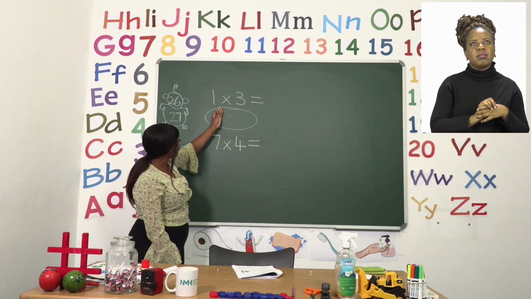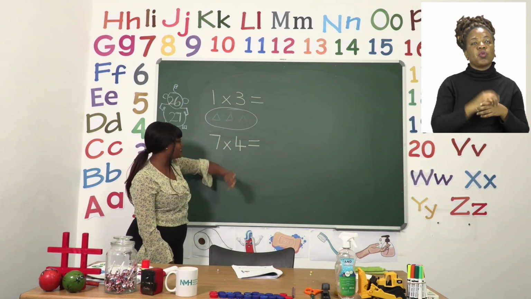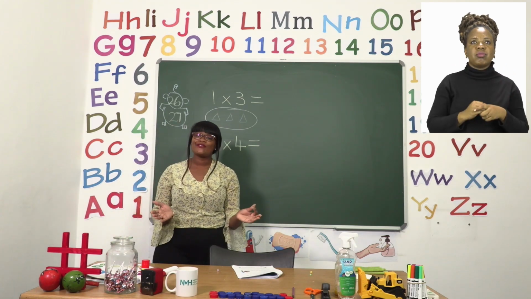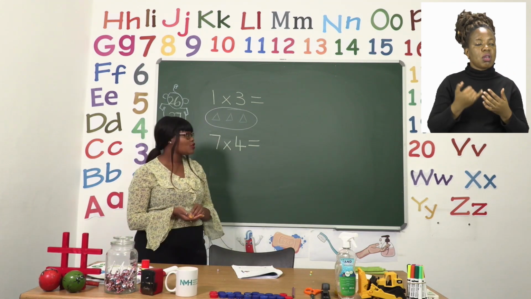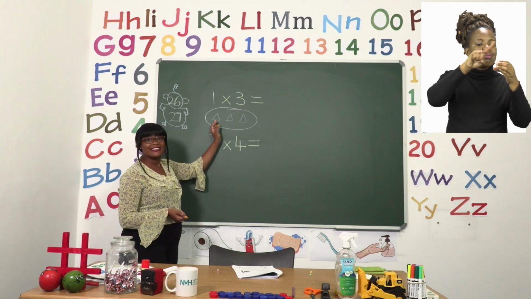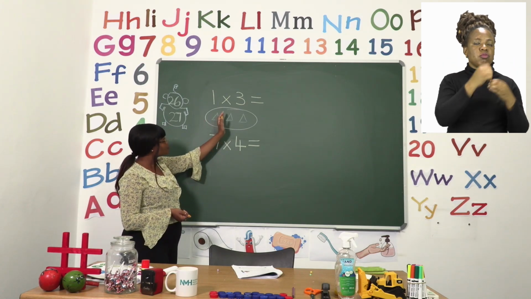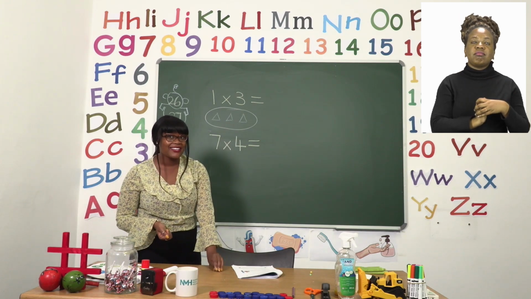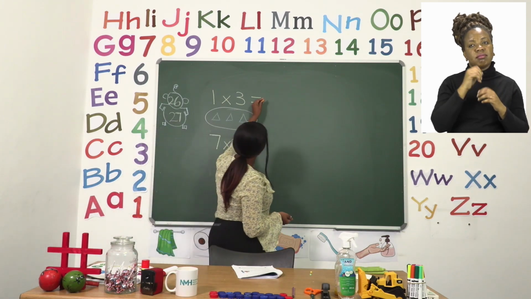One set of 3. And then to find our answer, you need to add up everything in the set. So let's count what is in the sets. 1, 2, 3. So that's how we know our answer. Our answer is 3.